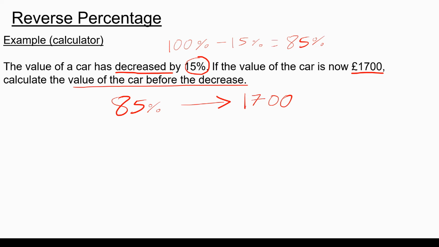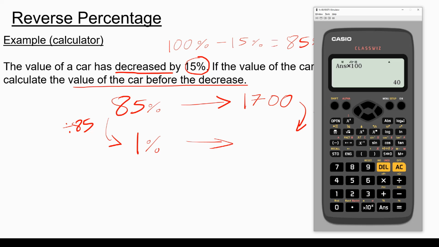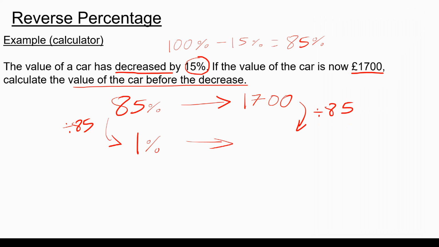£1,700. If this were on a calculator paper, you could now simply get to 1% straight away by dividing both sides by 85. We can use a calculator to help us. We know on the left-hand side that we've got 1%, but on the right-hand side we would need to do 1,700 divided by 85, which is actually 20, which we may not have known.